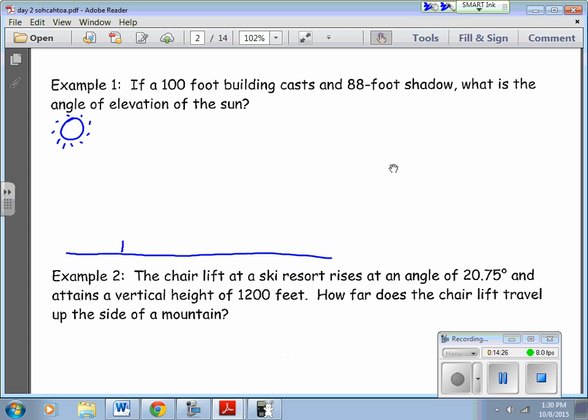So here's my building. There's my building. And we need a shadow, so let's say the shadow is there.